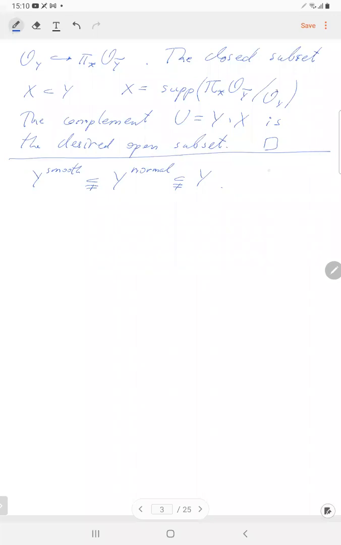And in general, they may be all different. For example, as I told last time, if you consider a two-dimensional quadratic cone, then it is not smooth at the origin, at the vertex, but it is normal everywhere. But for curves, as I also said last time, and I will hopefully say it in half an hour once again, for curves, normality is equivalent to smoothness.